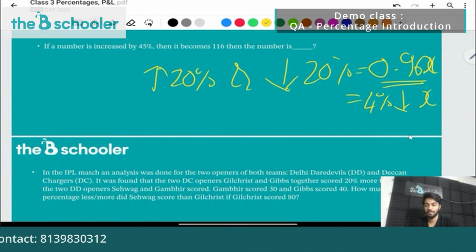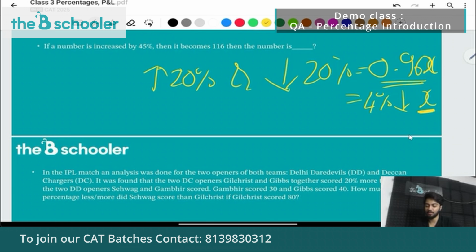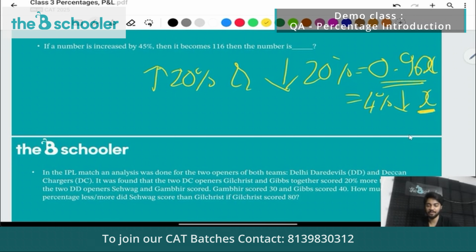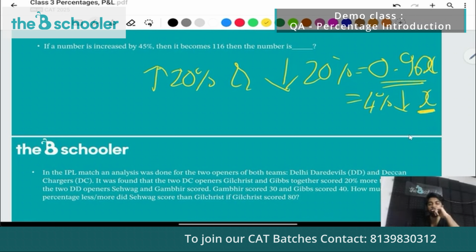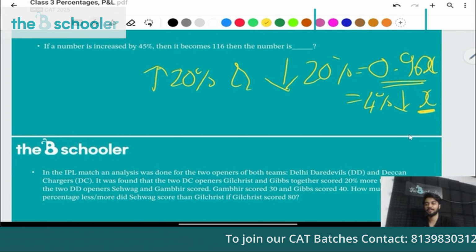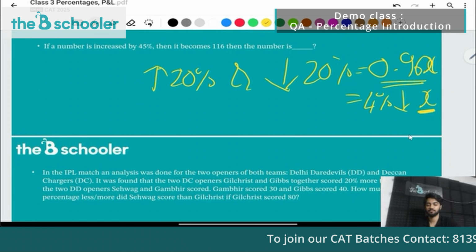Correct? Regardless of the value of x, if you say 0.96 of something, it means 4% down. Clear? If clear, everyone please type clear, everyone who is present. Otherwise I want to explain again, that's why. Others? Is there anyone else? Okay.